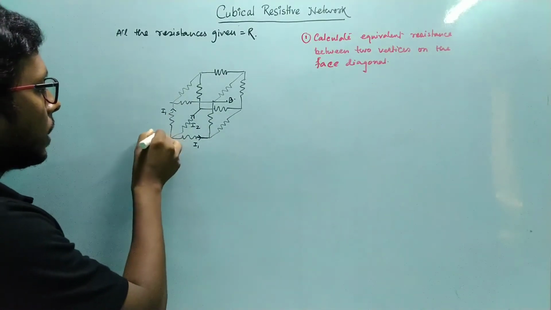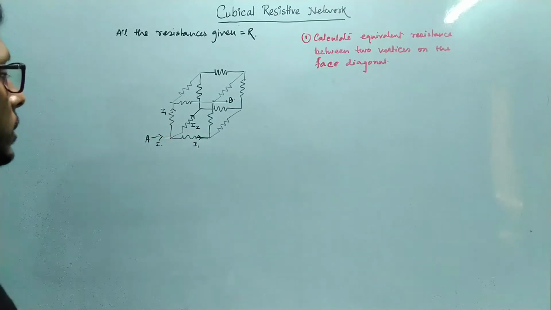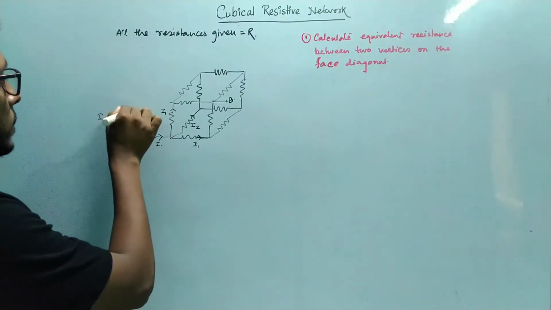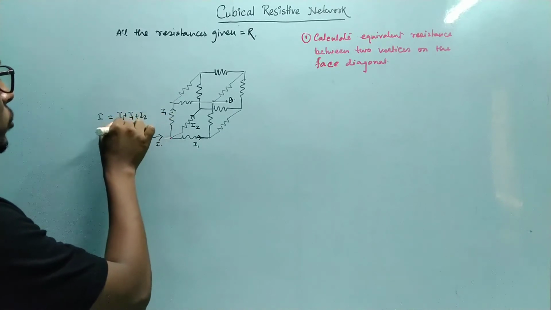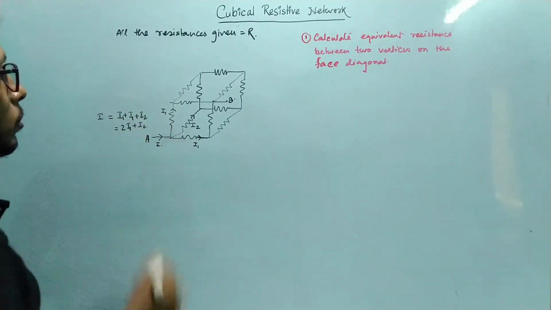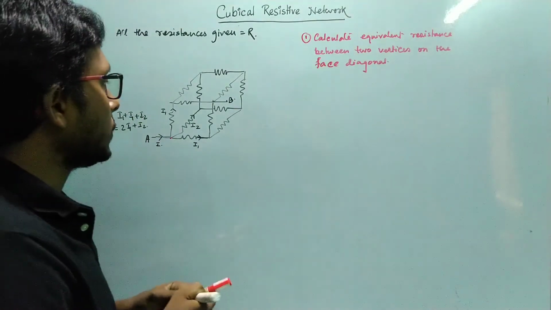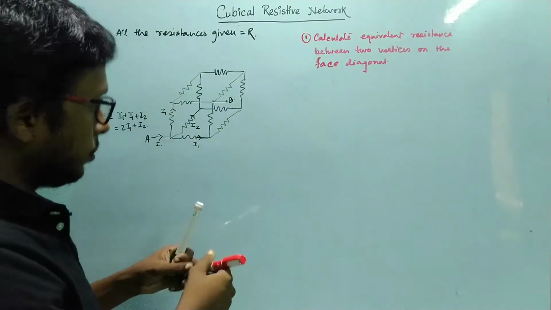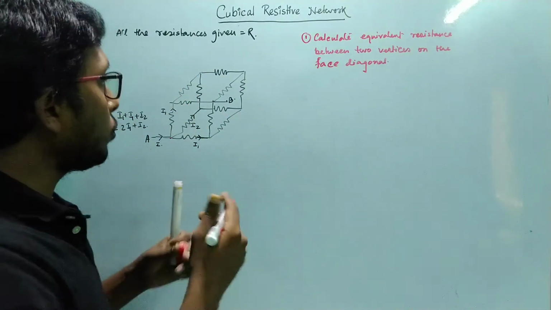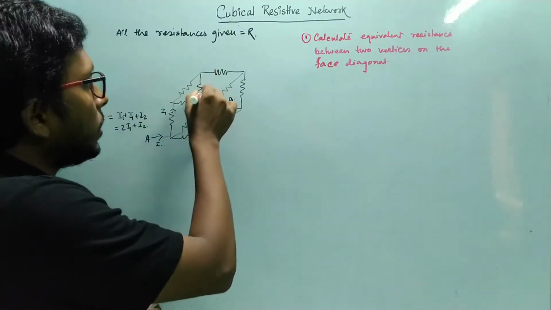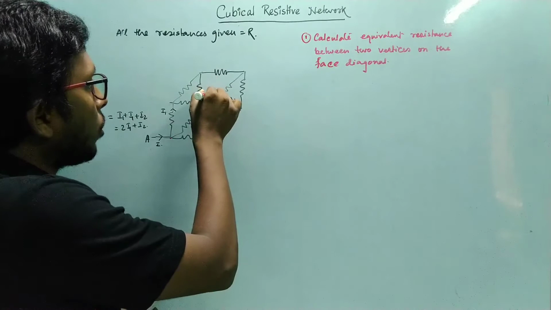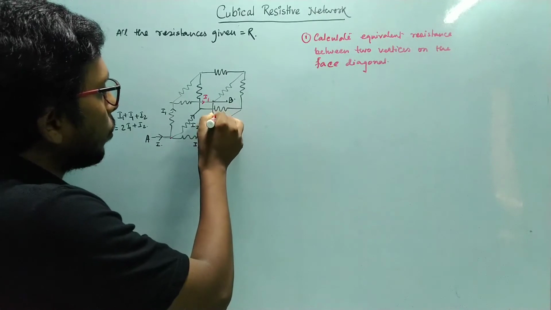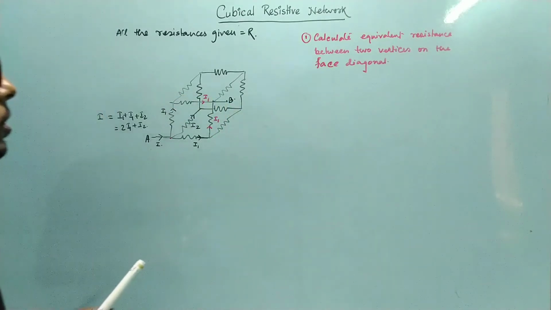I am sending current I, so I can tell you that I is equal to I1 plus I2, that is equal to 2I1 plus I2. Okay. Now as these 2 lines are symmetric about B, that leads you to the conclusion that this segment will draw I1 amount of current, and similarly this segment also will draw I1 amount of current.